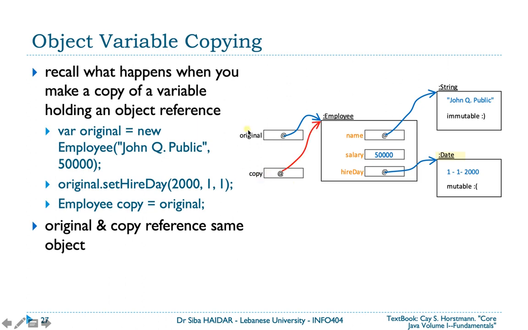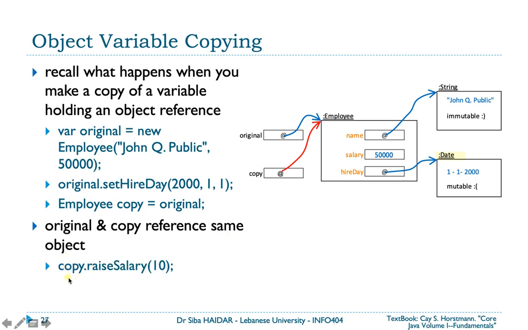So copy and original refer to the same object in the memory now. You should know this because we are used to drawing the memory state, whether it is in C, in Java, in Python, it is the same thing. So original and copy reference the same object.